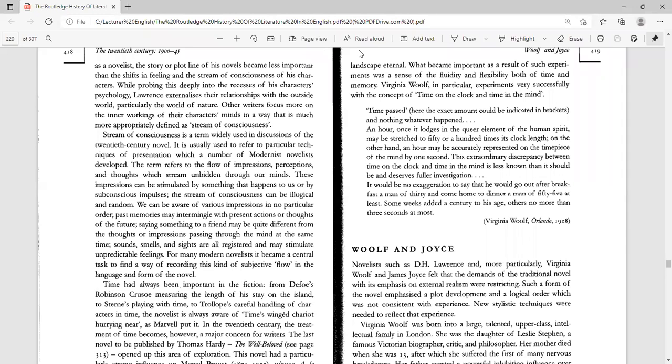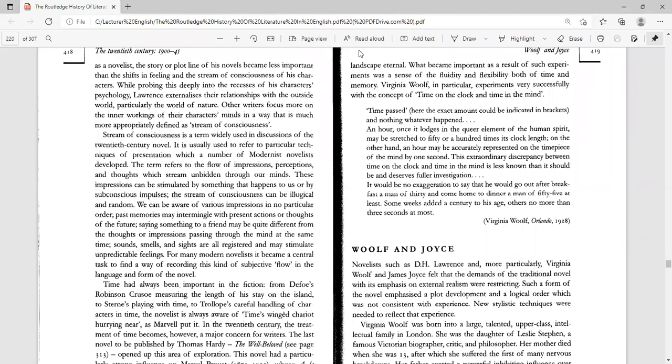The term stream of consciousness was coined by William James. He was an American philosopher, the brother of Henry James, who wrote the famous book Psychology, and who was a leading pragmatist philosopher of the 20th century.